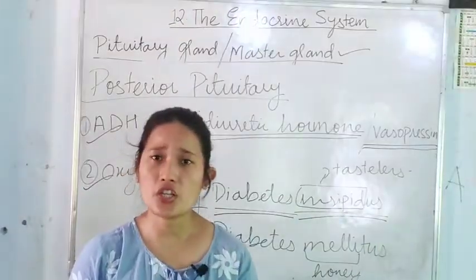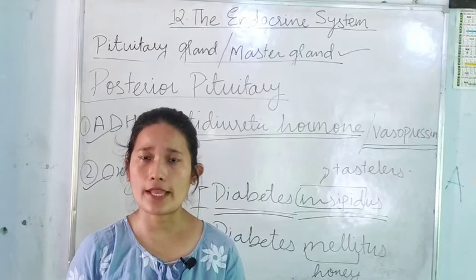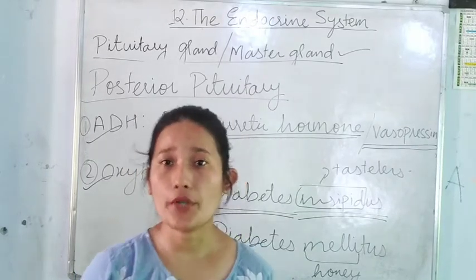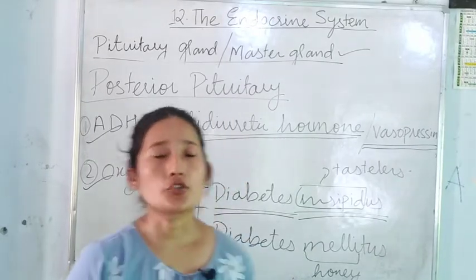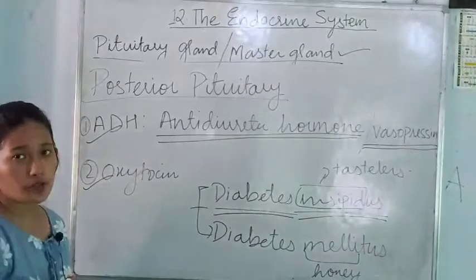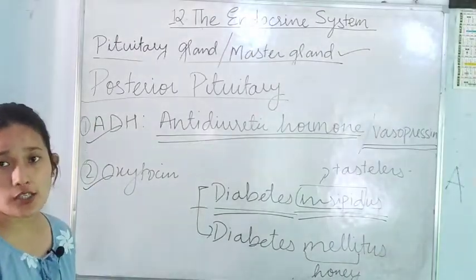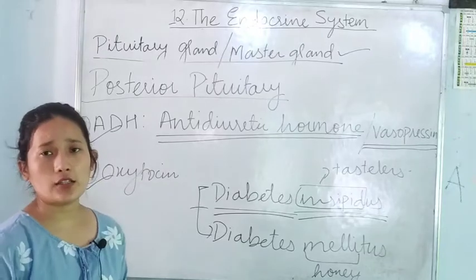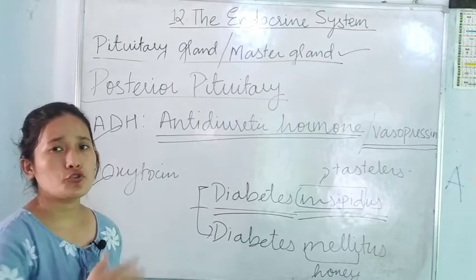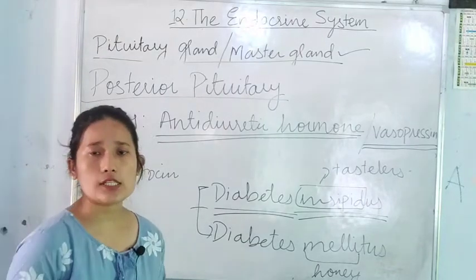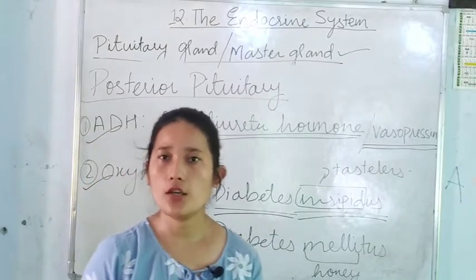Thus if the constriction of blood vessels takes place, that means a rise in your blood pressure, okay. So that's all about antidiuretic hormone. You just have to go through the function and the disease caused by its deficiency, and you should be able to differentiate between diabetes insipidus and diabetes mellitus, okay.